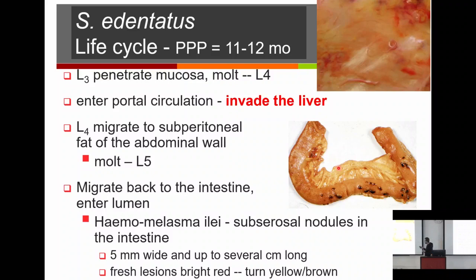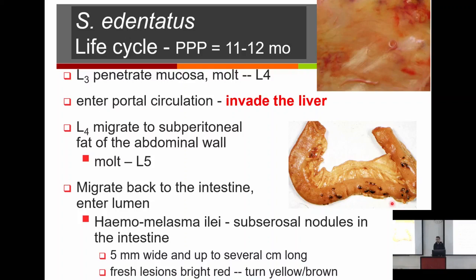So this is what the intestine will look like. The lesions are approximately 5 to 7 centimeters wide. You will see fresh, bright red lesions or sometimes yellow-brown lesions. This is called hemomelasma ileii. That is the feature of this group of parasites.